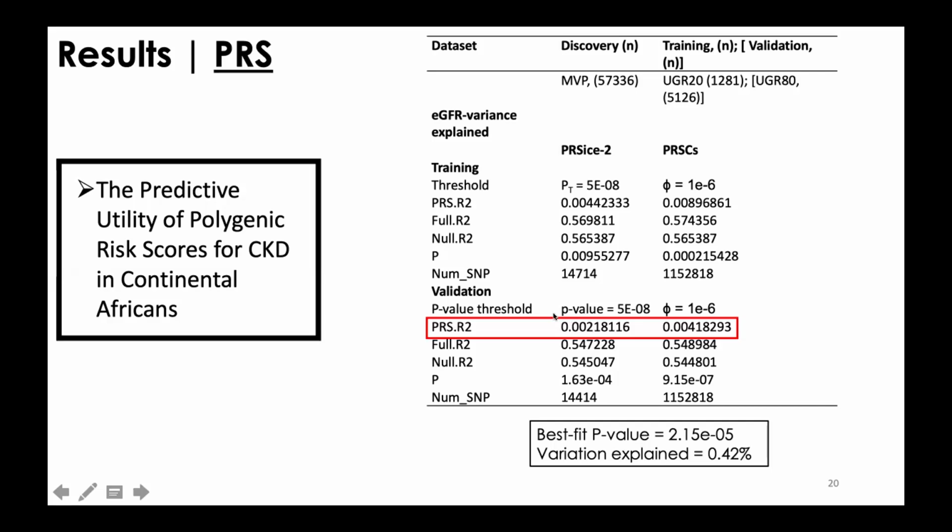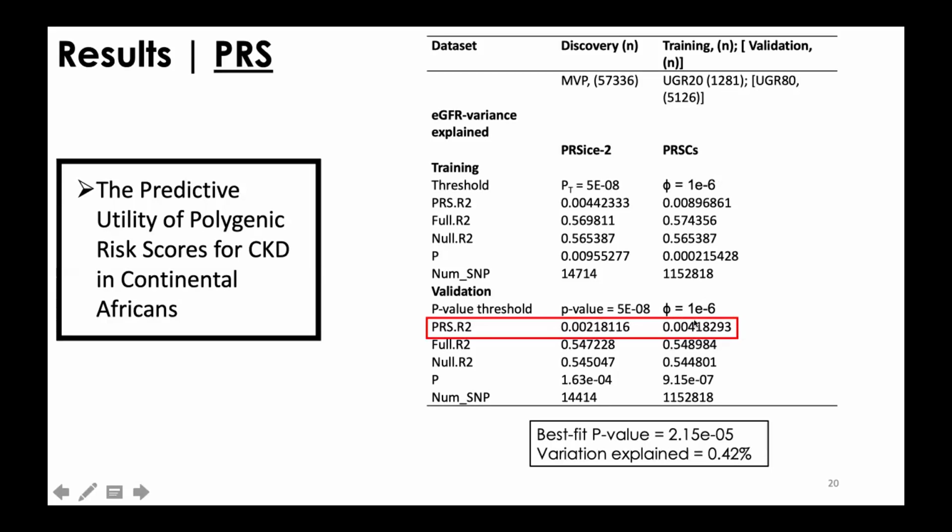At the end of the day, we need to see how much the genetics explains of the changes we are seeing in kidney function based on eGFR. That is calculated based on what we call an R-squared value, which is highlighted here. If you change this to a percentage, we see that PRS-CS actually explained a higher percentage of eGFR, which is about 0.42% compared to 0.22% for PRSice-2.